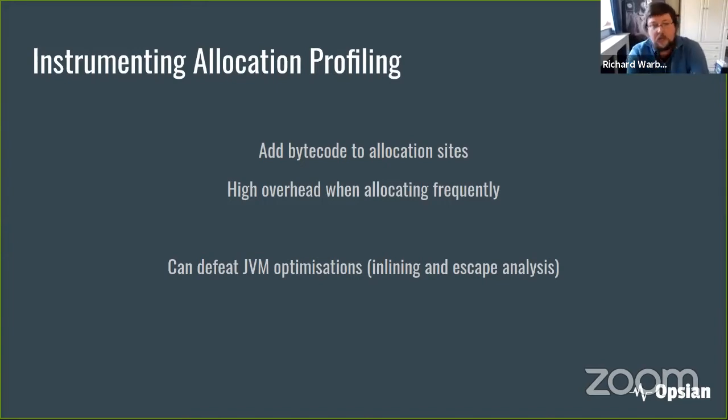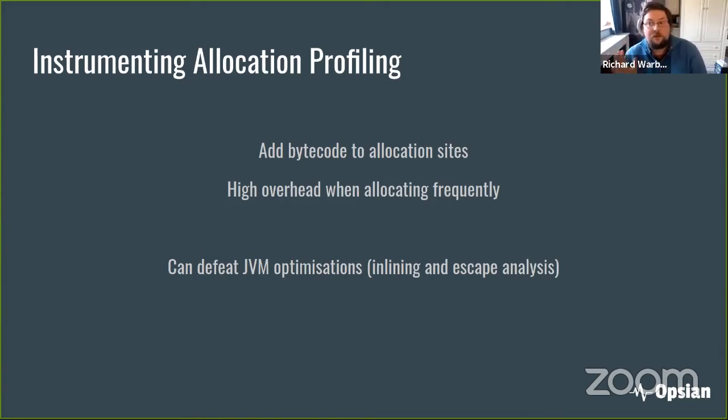The other problem of instrumentation-based allocation profiling is it can defeat JVM optimisations. So Sadiq talked earlier about the importance of escape analysis and understanding what's going on in the JVM. And if your instrumentation-based allocation profiler takes a reference to that object and hands it off to a method within the profiler, for example, to calculate how big that object is, you've suddenly leaked a reference.